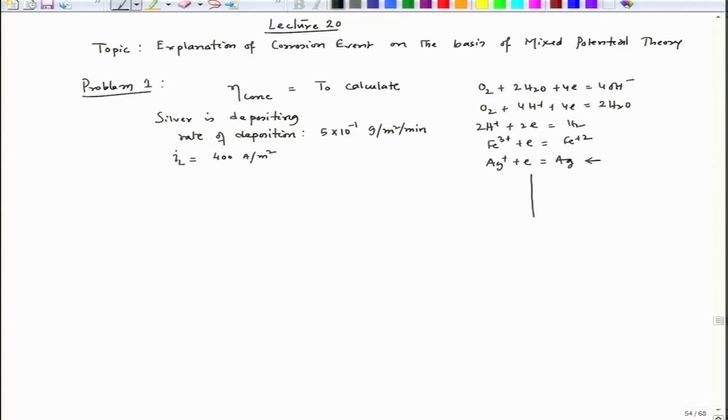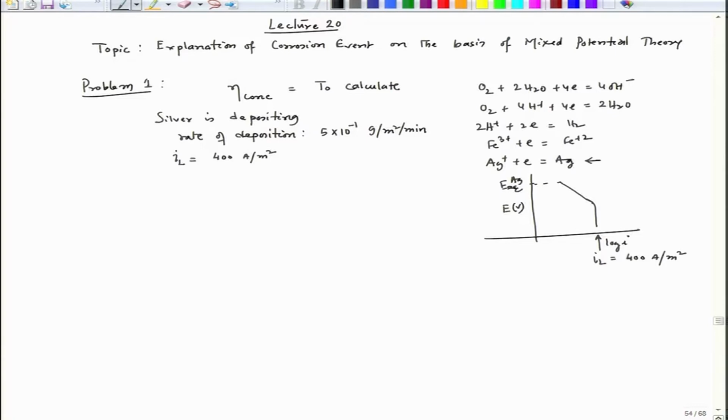If I try to see its polarization effect, let us say this is my E equilibrium of Ag at the concentration we have in that particular Ag solution. It will have its plot like this, with log I on one axis and E voltage on the other, and here we are considering the standard hydrogen electrode as the reference electrode. This indication is IL, which is nothing but 400 ampere per meter square.